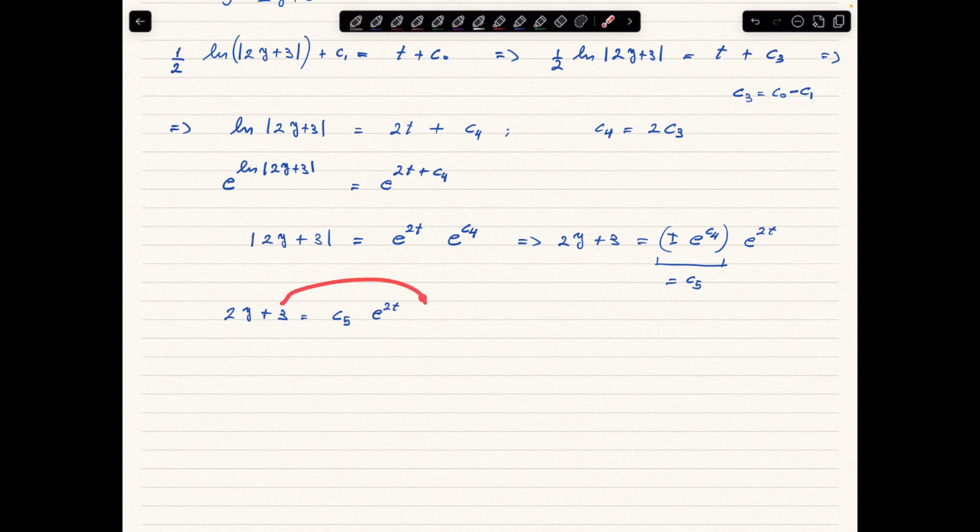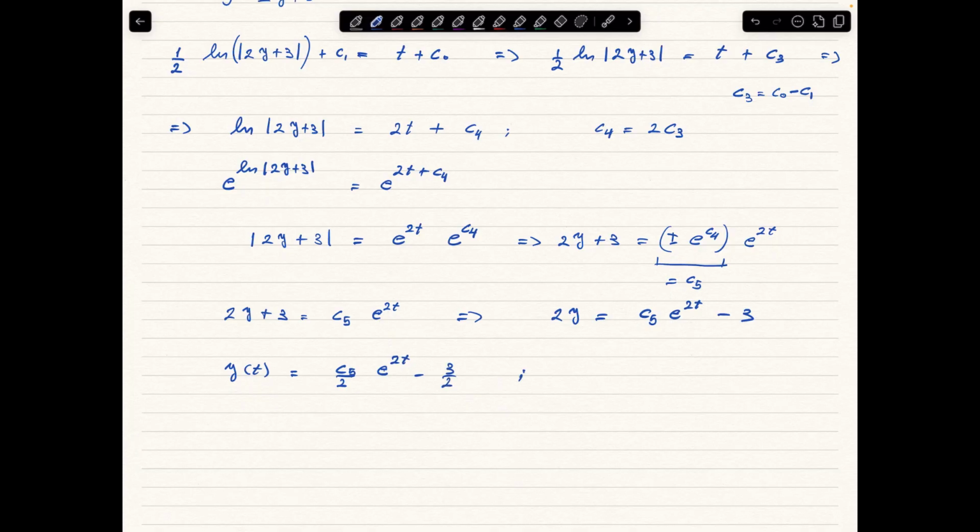Now we move the 3 over here as minus 3, and then everything is divided by 2. Let's do it slowly. 2y is equal to C5 exponential 2t minus 3. We divide everything by 2, and then we have y of t. Our solution is going to be C5 divided by 2 exponential of 2t minus 3/2.